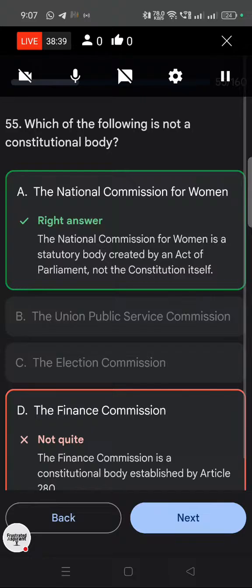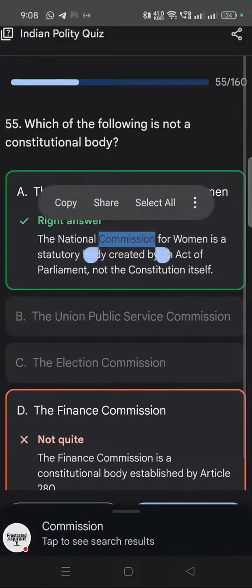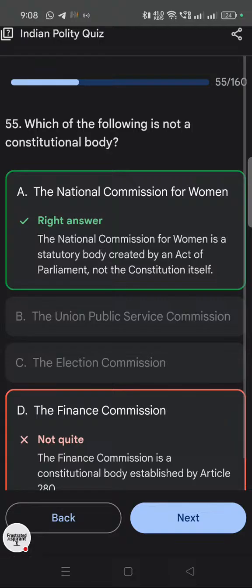Constitutional bodies: the Election Commission, Article 324, Part 15. UPSC, Part 14. State PSC is a constitutional body. GST Council, Finance Commission, NCSC, NCST, the National Commission for Scheduled Castes and Scheduled Tribes are constitutional bodies. CAG is a constitutional body. NCBC, the National Commission for Backward Classes, is a constitutional body.